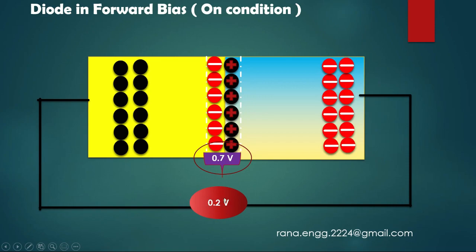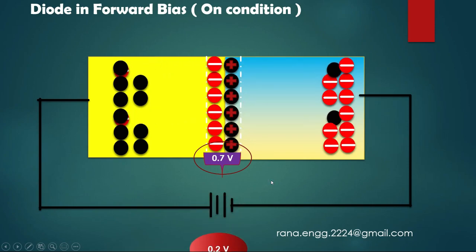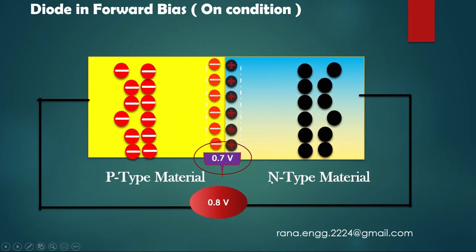If we increase the voltage up to 0.7, we do not get any conduction in the diode because there is already an inbuilt 0.7 volt barrier potential in silicon diode. To make it conduct, first we have to break this wall of 0.7 volt. Once we exceed the voltage beyond 0.7, then we get conduction.